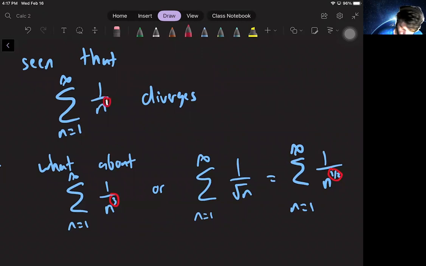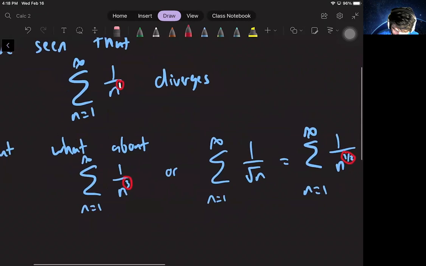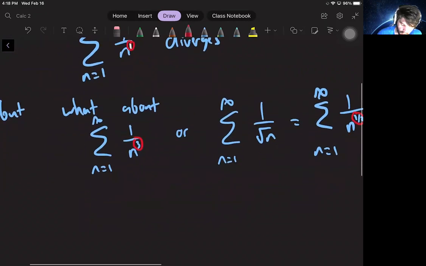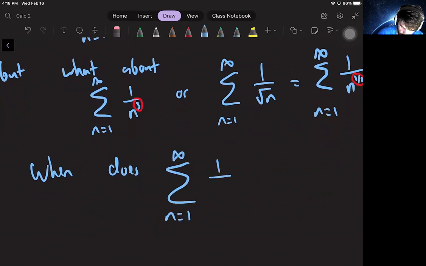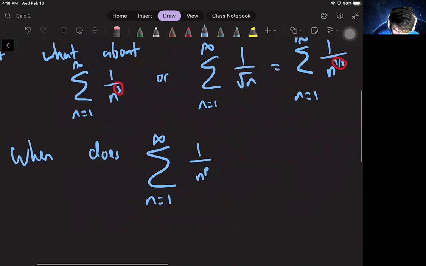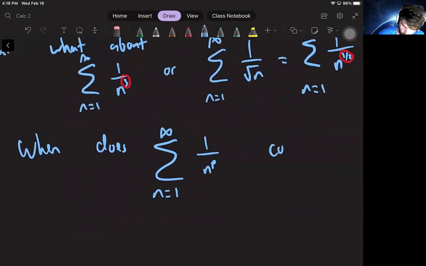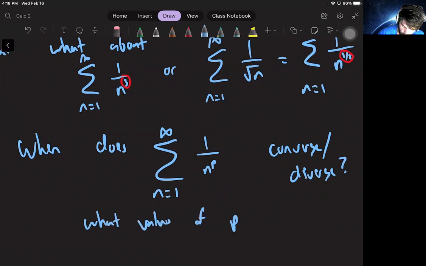So we want to think about all of these series at the same time and see if we can figure out when do they converge and when do they diverge. So what I can do is just create another variable. I guess it's called P typically, hence the name of the series is called the P series. So we want to know, when does this thing converge or diverge, aka what values of P make it converge or diverge.